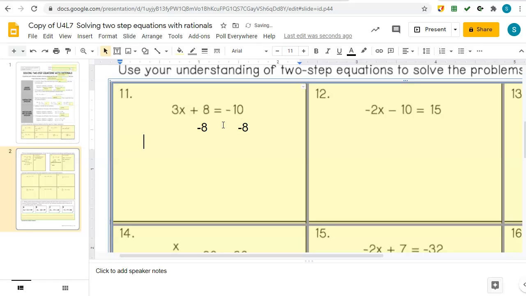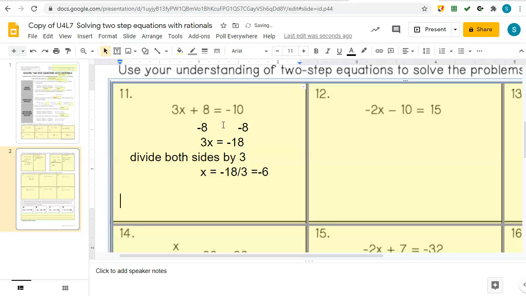And we're going to get 3x equals negative 18. Now I'm just going to try to line up those equal signs. You don't need to, but honestly it makes it a whole lot easier to think about it. Then we're going to divide both sides by 3. So that means we're going to get x equals negative 18 divided by 3, which is negative 6.